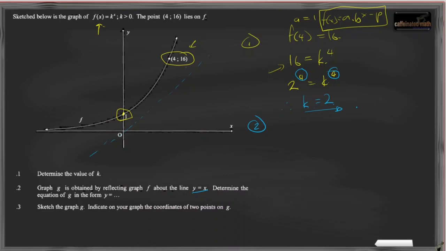Well, we do know that f(x) is now nothing other than 2 to the power x. Now, for g(x), we can then say x = 2^y, and if we want to make y the subject of this equation, all we need to do is convert exponential form into log form.